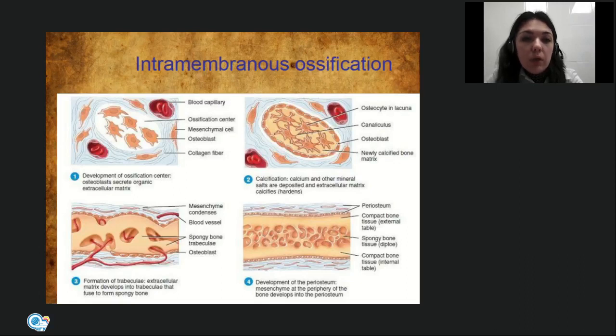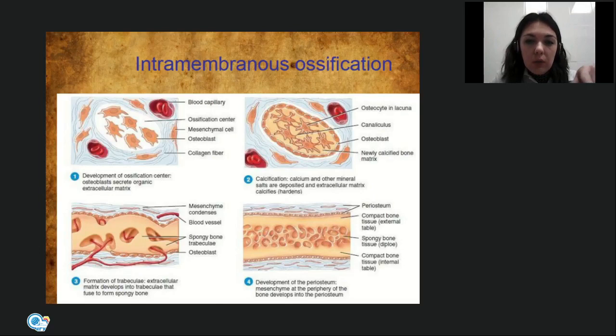So intramembranous ossification first. Mesenchymal cells, which develop from the mesoderm, condense in a single place and form the ossification center. These mesenchymal cells first get converted into osteoblasts, and these osteoblasts start to secrete organic extracellular matrix. This matrix can bond calcium.